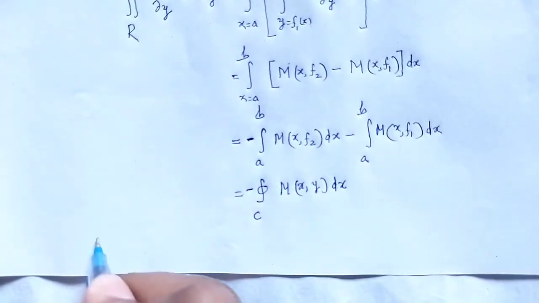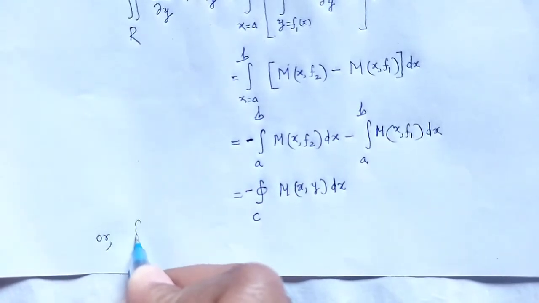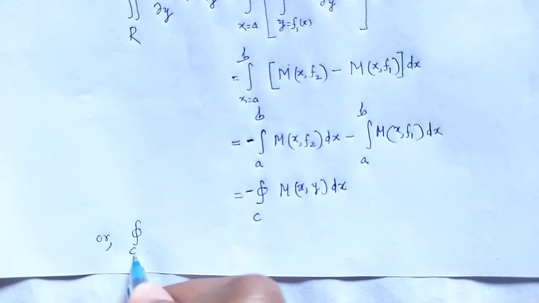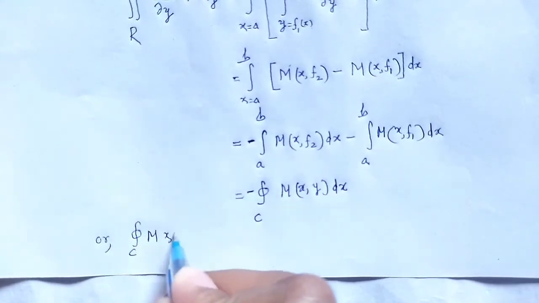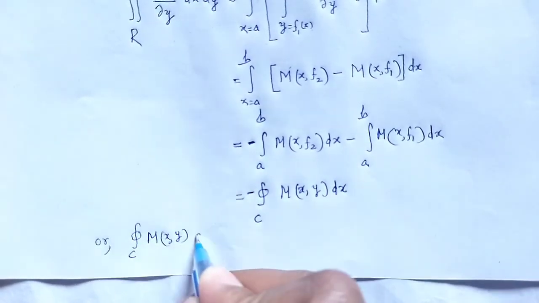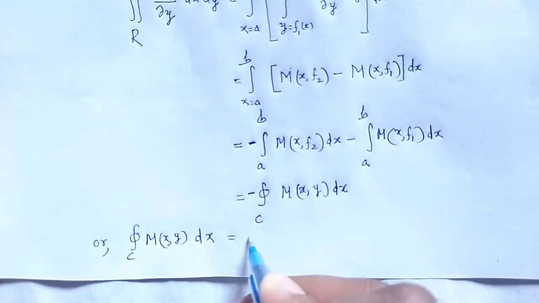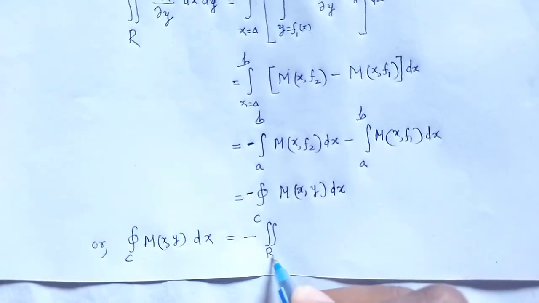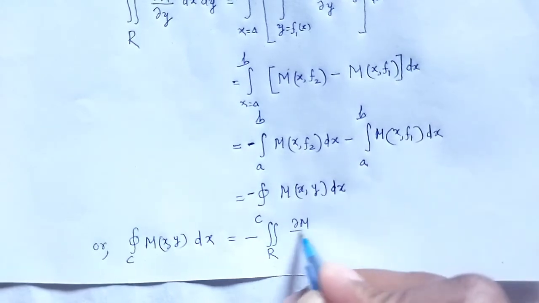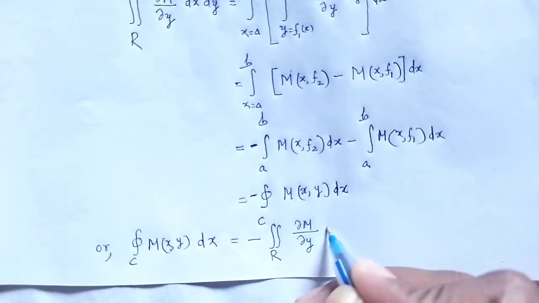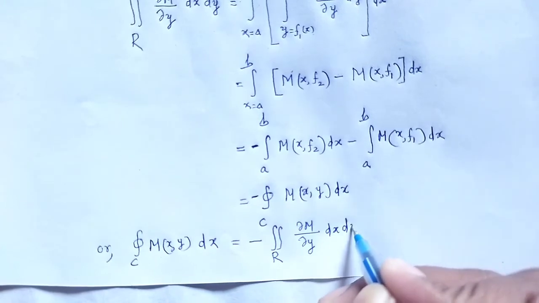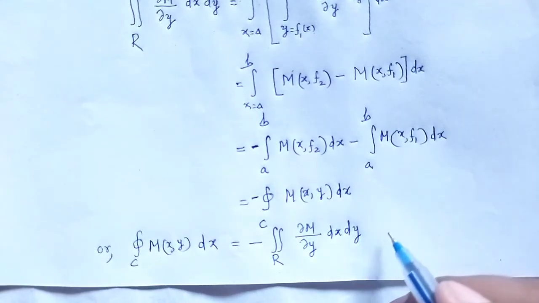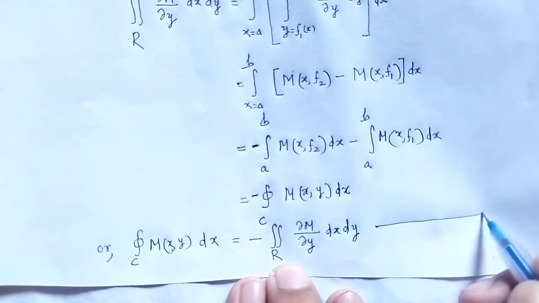That's why we can write the closed curve integration over C of M(x,y) dx is equal to negative integration over R of ∂M/∂y dx dy. Let this be equation number 1.